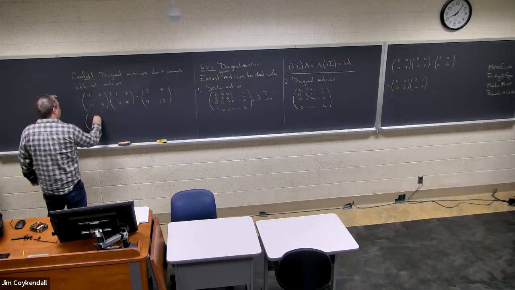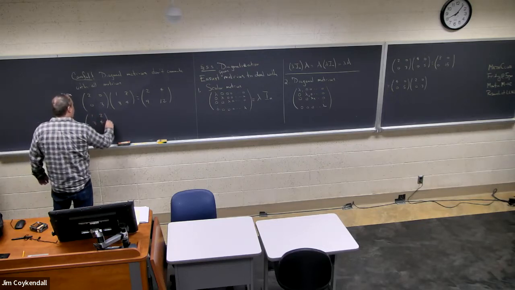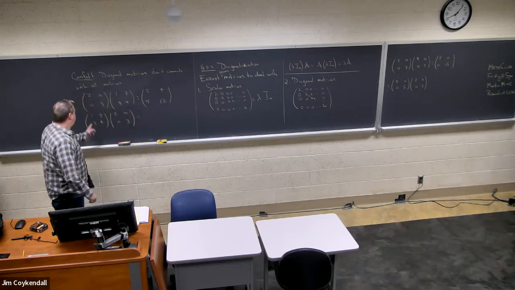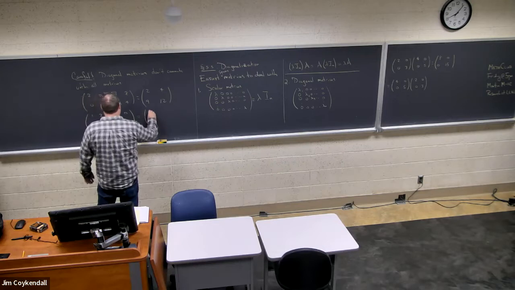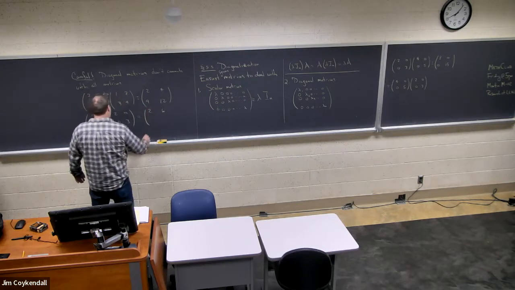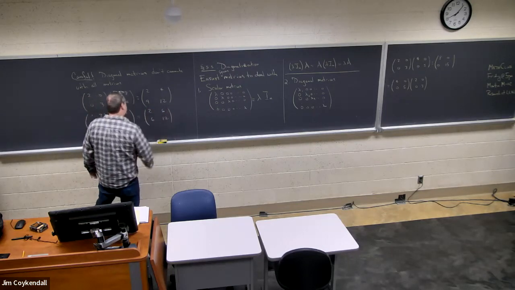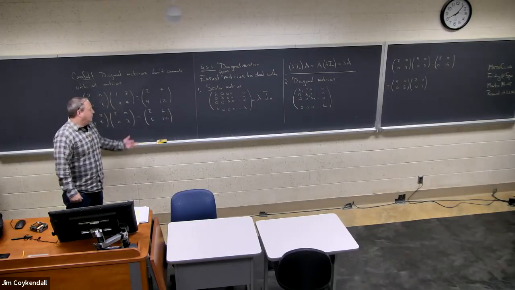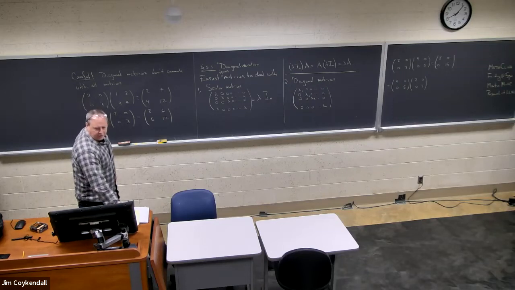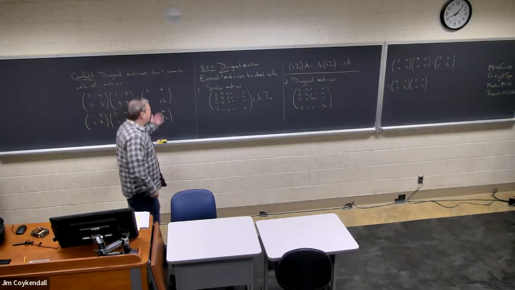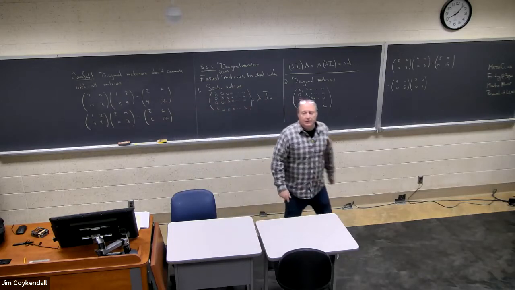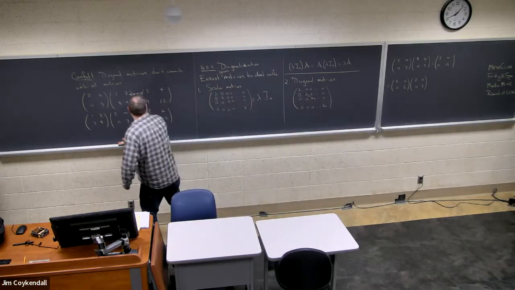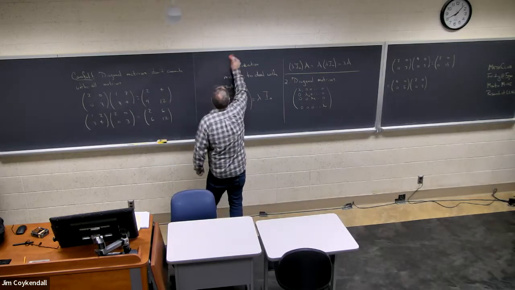On the other hand, the product in the other order is actually different. This is [2, 6; 6, 12]. So diagonal matrices are not quite as good as scalar matrices because they don't commute with every matrix, they commute with each other, which makes their multiplication a little easier.